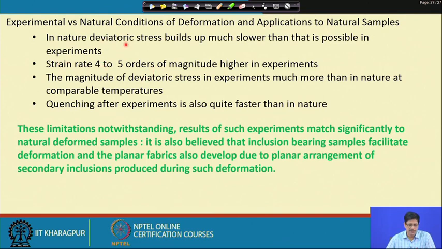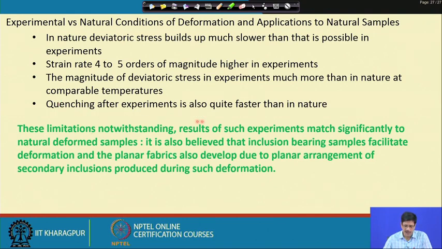The magnitude of the deviatoric stress is also high in the experiments compared to what happens in nature. The rate at which the strain is applied is almost 4 to 5 orders of magnitude higher in the experiments than what happens in nature.